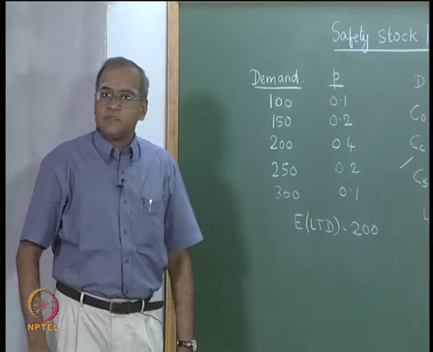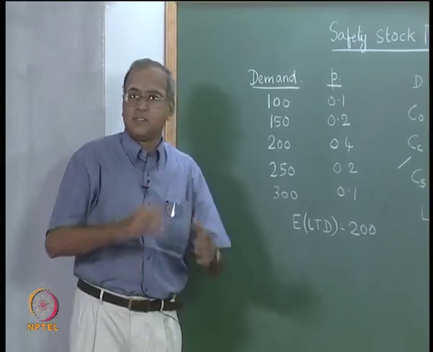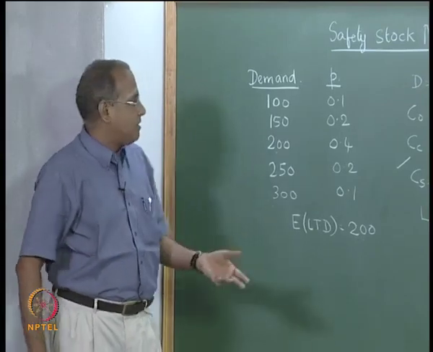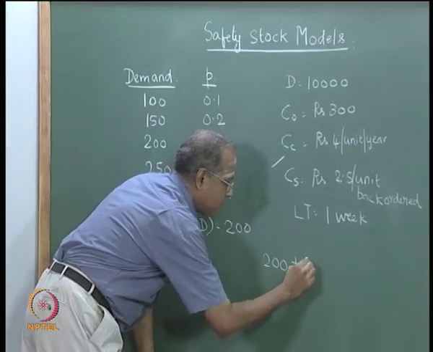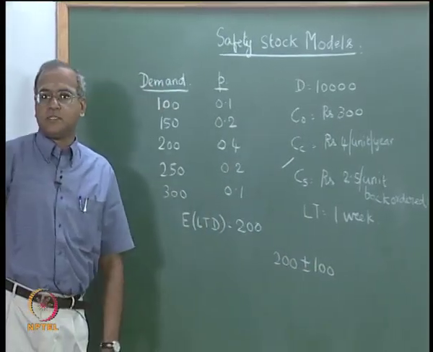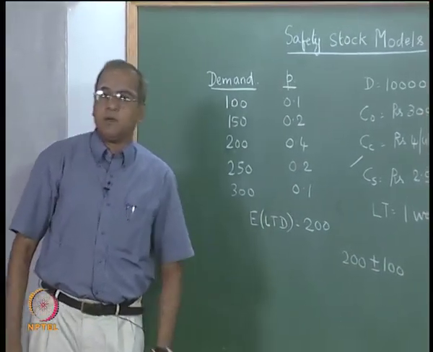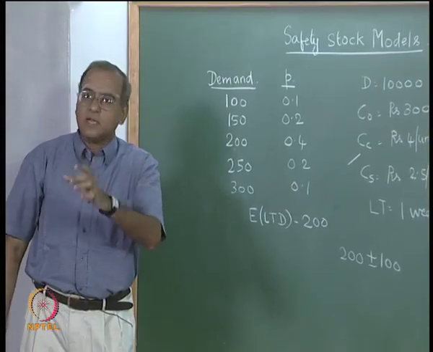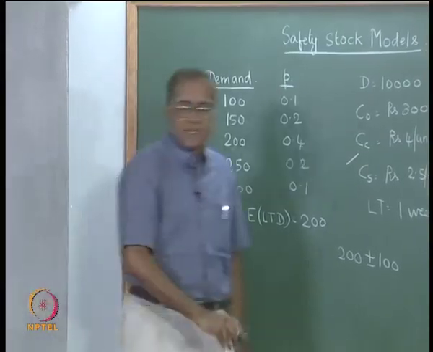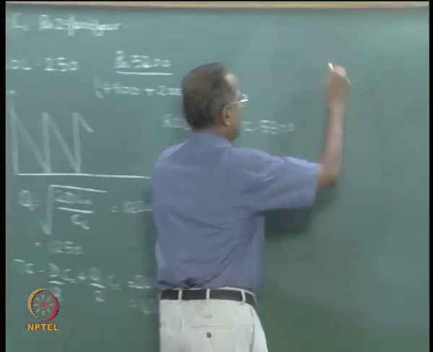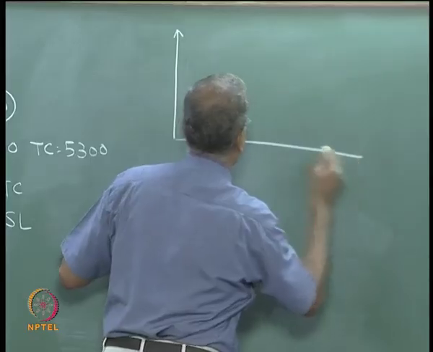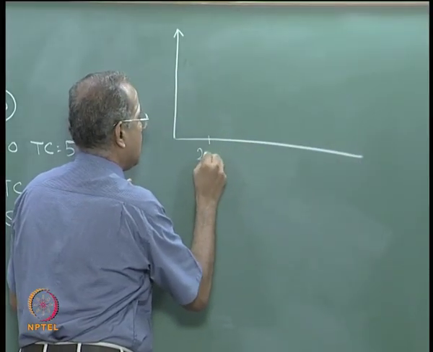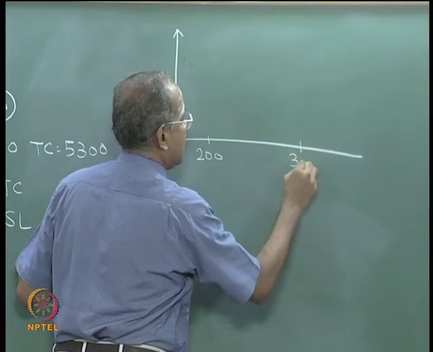Now, in such a case, we could possibly assume that it is a uniform distribution between 200 plus minus 100. So, we could say that the demand could be anything between 200 and 300 with equal probability. Now, if we look at such a case, then our diagram will look like this. Say this is 200, this is 300.